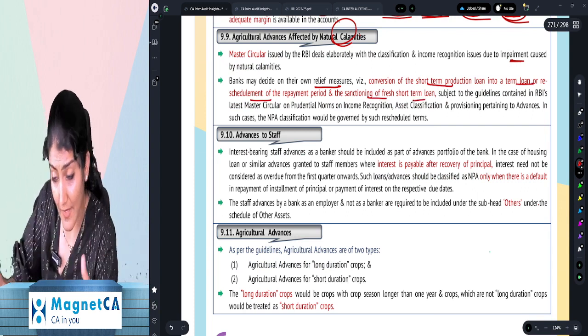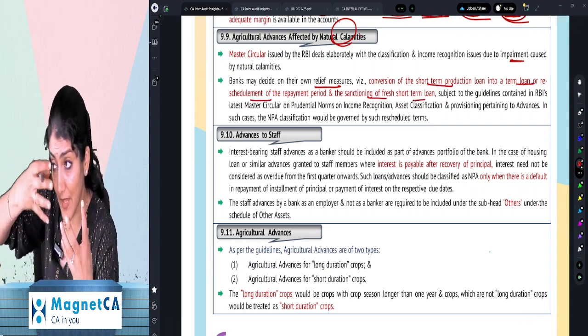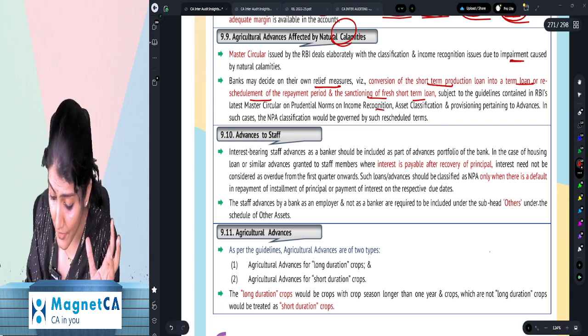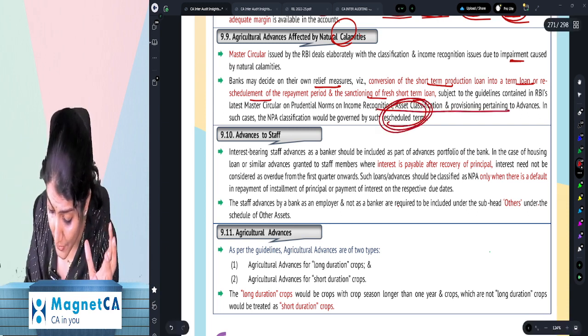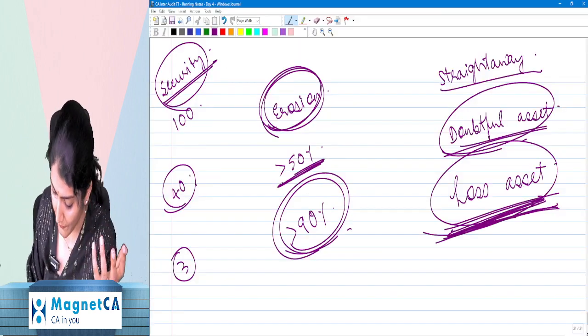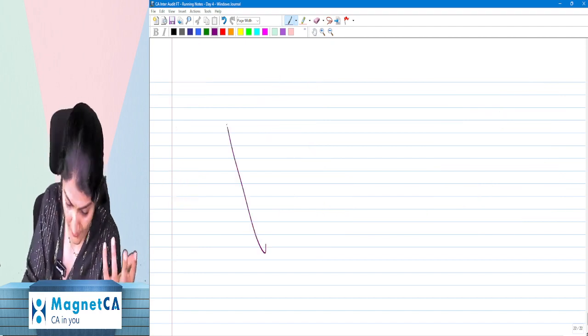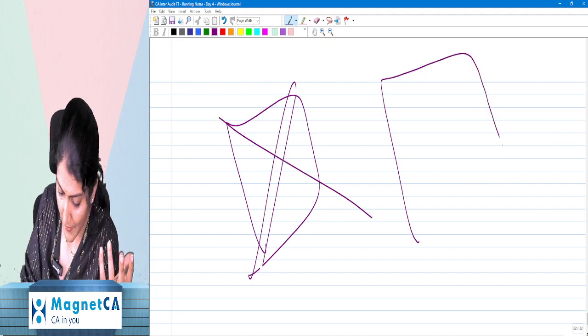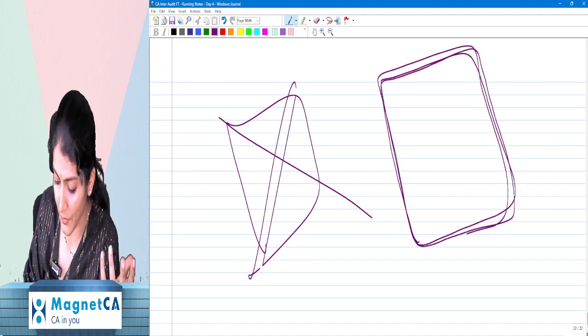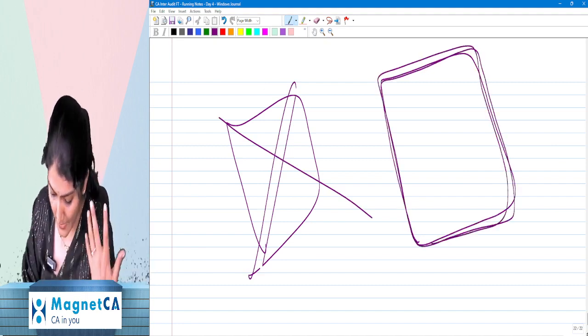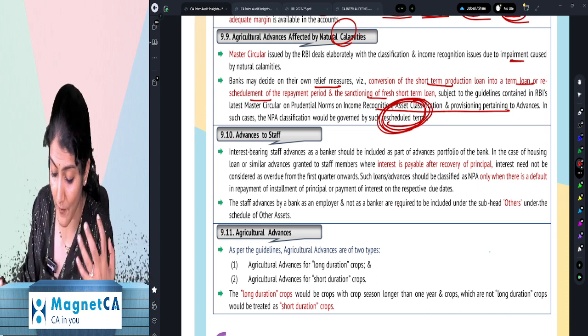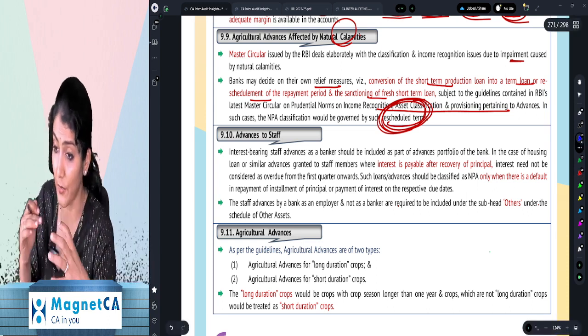Then the asset classification and income recognition norms will apply to the rescheduled terms. Forget the old schedule, because now the bank has given them relief. Now the NPA provisioning and classification norms are to be applied to the rescheduled terms.